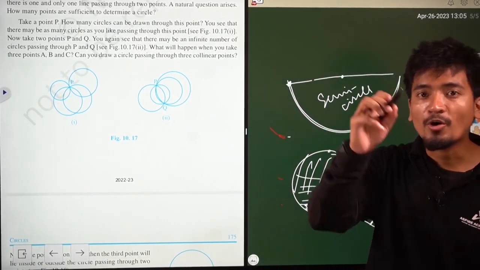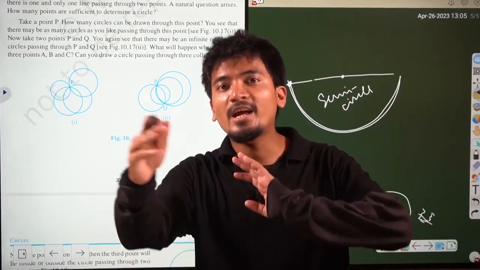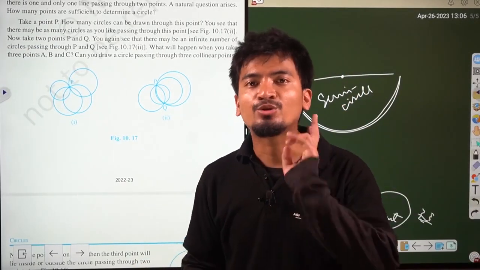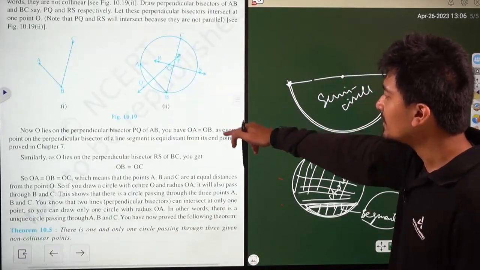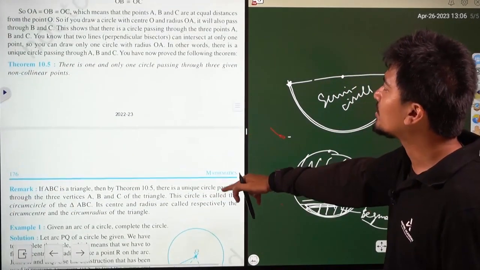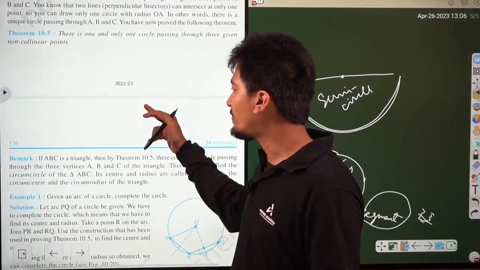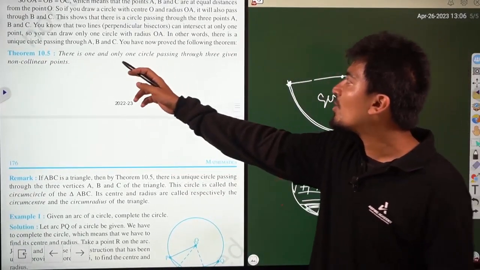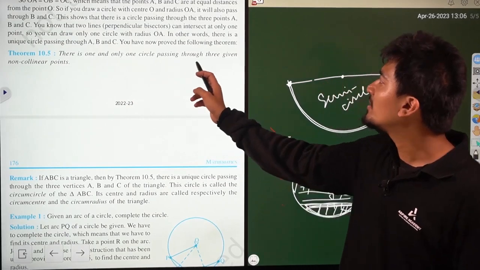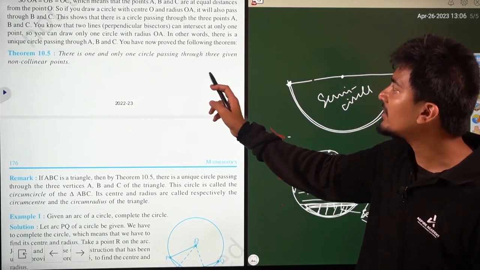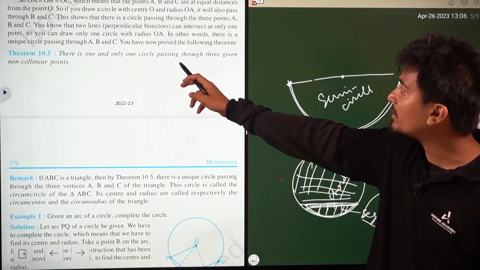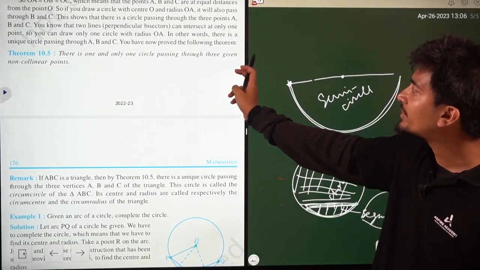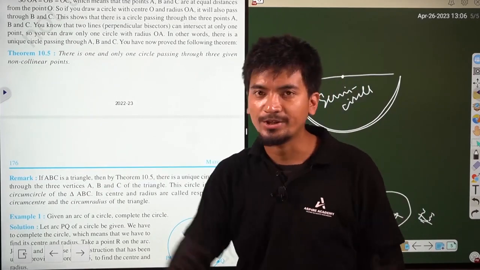But if the points are here and there, we call them non-collinear. Okay? So we have theorem 10.5. There is one and only one circle passing through three given non-collinear points.